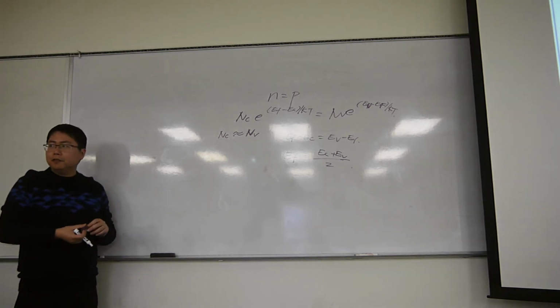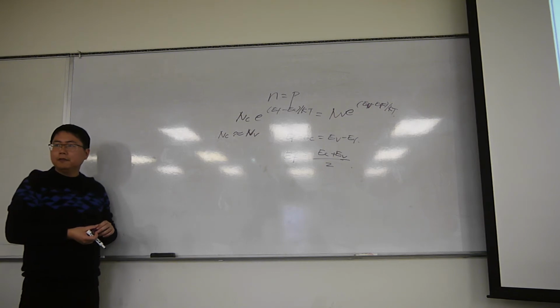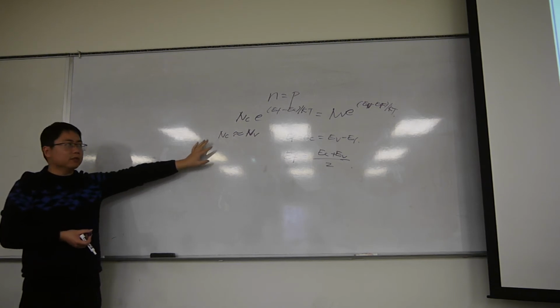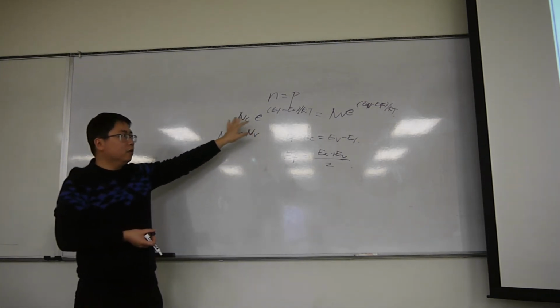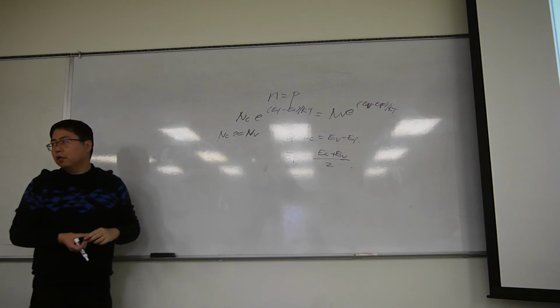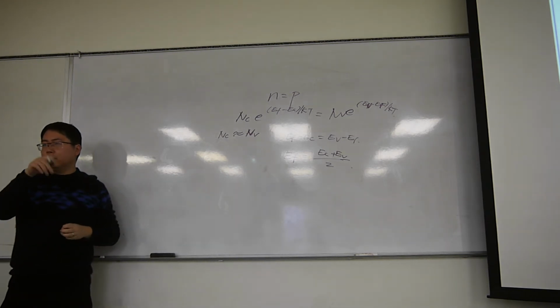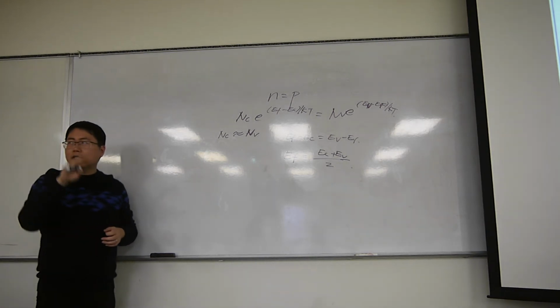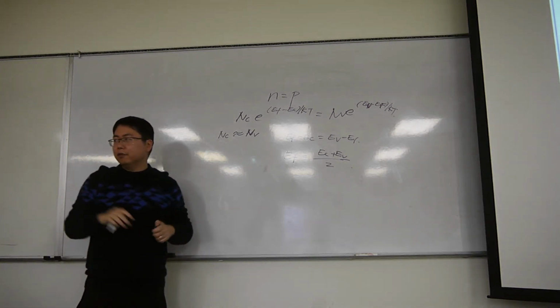Any questions here? It's approximately in the middle, not exactly, but if you calculate the number, it's almost in the middle. Because when you take the log scale, what matters is the magnitude, 10 to the power 19 or 10 to the power 18. As long as they are of the same order, after you take the log scale they will be roughly the same.